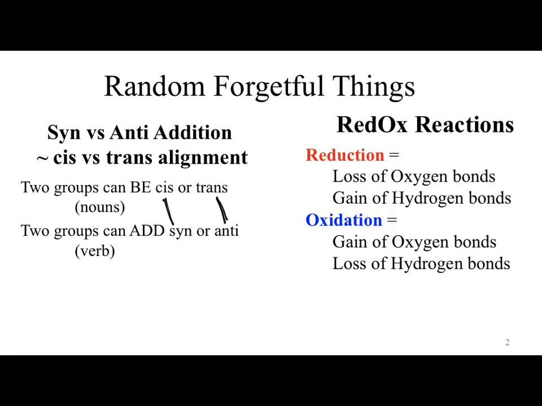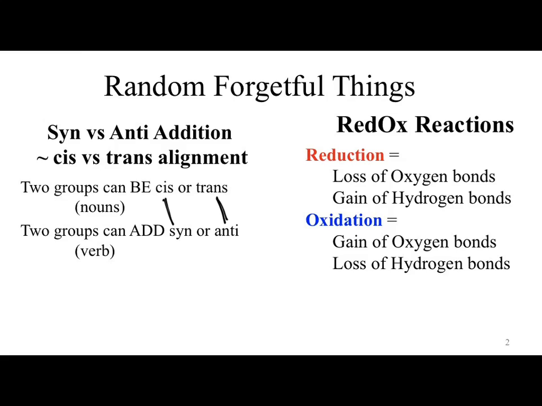Okay? There's at least one homework problem that goes through redox reactions. And the types of problems that you will see range all over the place because it's the textbook and it's just what they assign. As far as I'm concerned, for questions that I would ask, they're going to boil down to these two simple definitions. Okay? A reduction reaction is a loss of oxygen bonds, or a gain of hydrogen bonds, depending on the situation.